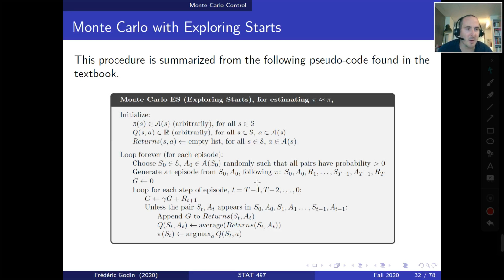Okay, so this is the algorithm proposed in the textbook to try to identify the optimal policy based on the Monte-Carlo algorithm. For those who enjoy pseudocode instead of more formal math, I've copied the pseudocode from the textbook for this algorithm.